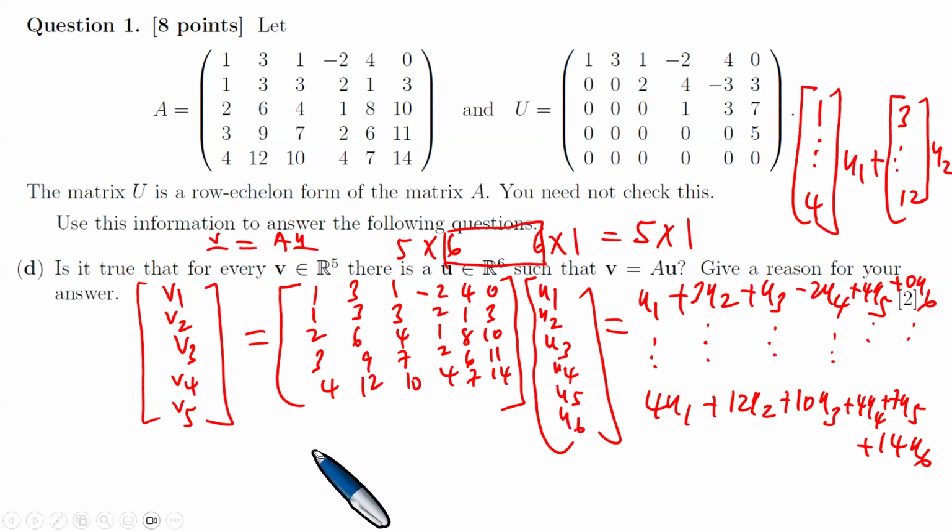But this presentation tells us that if it is true that for every vector U in R5, then all these columns must be non-zero. You get the point?